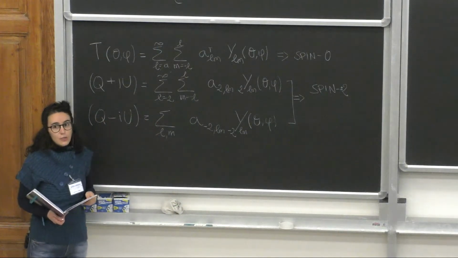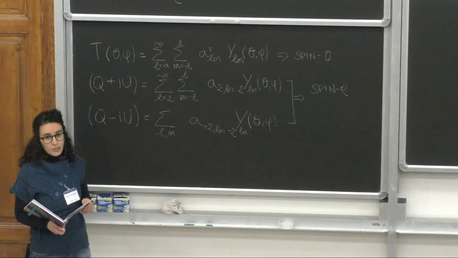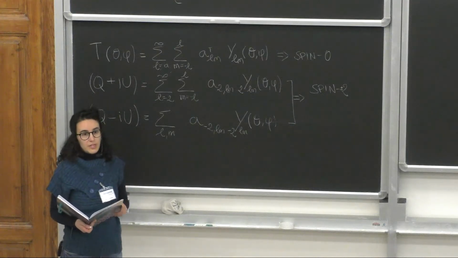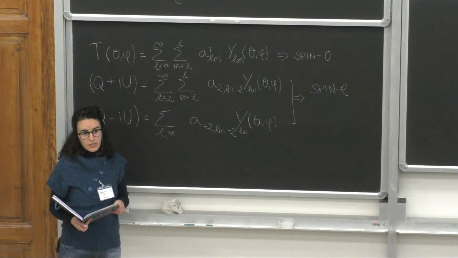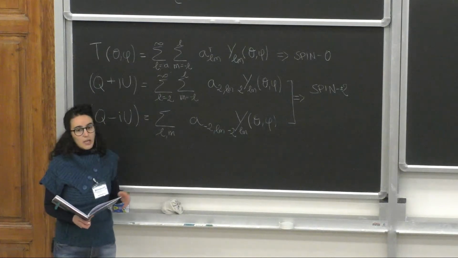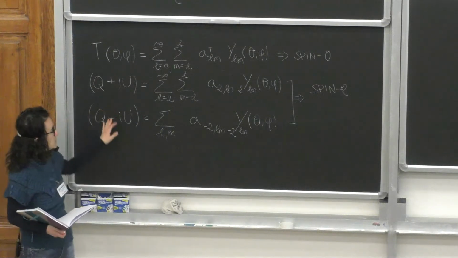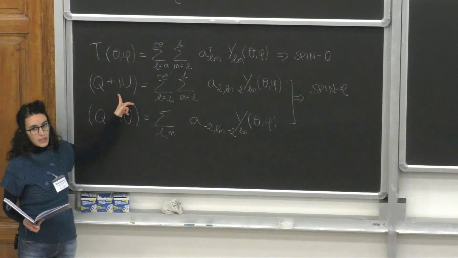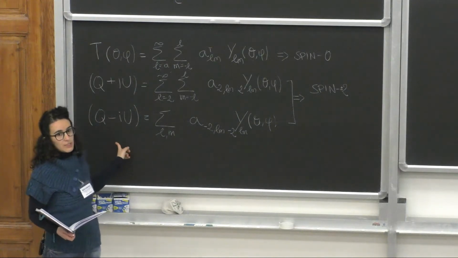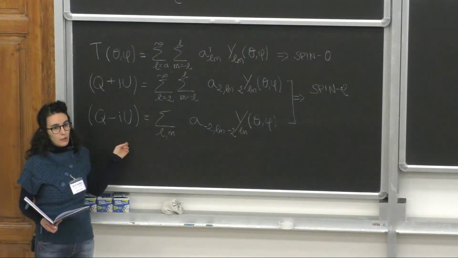Then we have seen that Q and U, unfortunately, don't have a definite spin, so we need to manipulate Q and U a bit in order to obtain quantities that have a definite spin and can therefore be expanded, similarly to T, in spherical harmonics. We built these two quantities, Q plus iU and Q minus iU, and we have seen that they are a bit more complicated than T because they are not scalars.